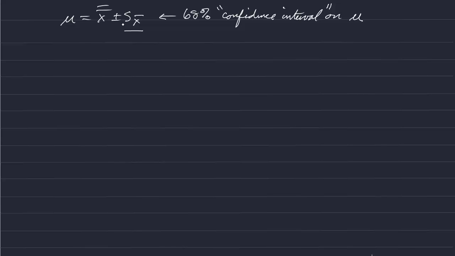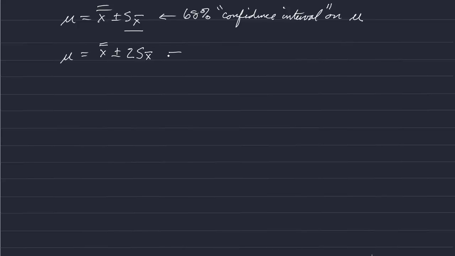Now, we could be a little bit more conservative or a little bit safer, and we could estimate that mu is equal to x, our grand mean, plus and minus 2 times the standard deviation of our sample means.